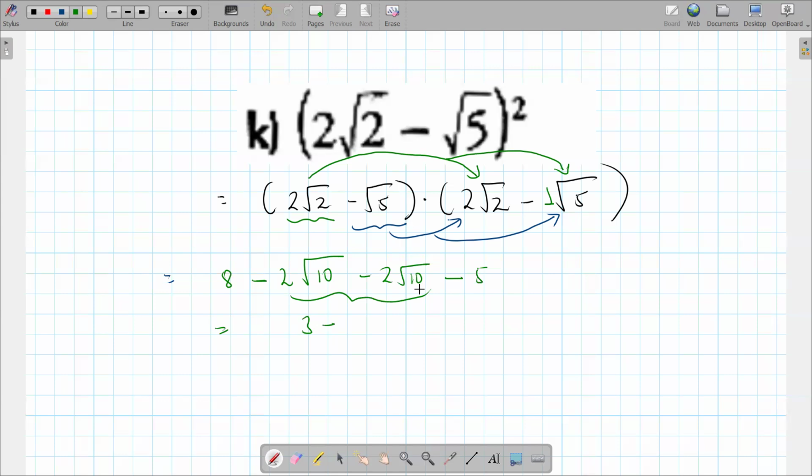Is it just minus 4 root 10? Yes. Can root 10 be reduced? No, it cannot be because the smallest perfect square is 4. After that, it's 9. Neither one of those two numbers can go into 10.